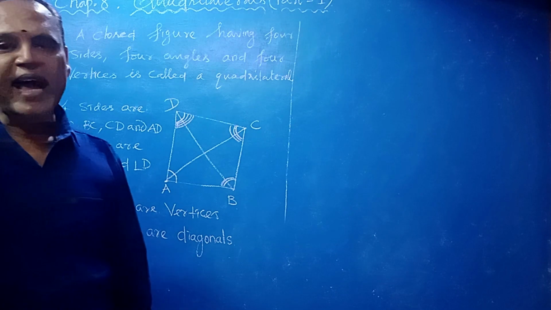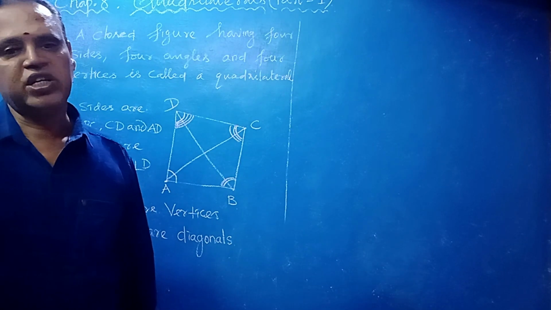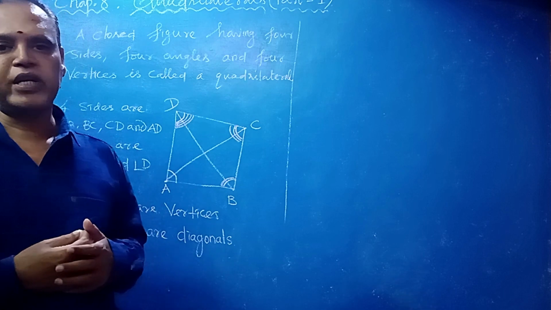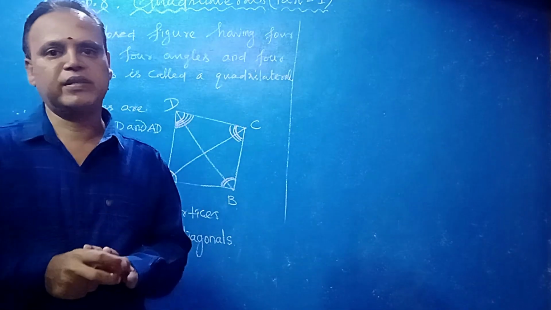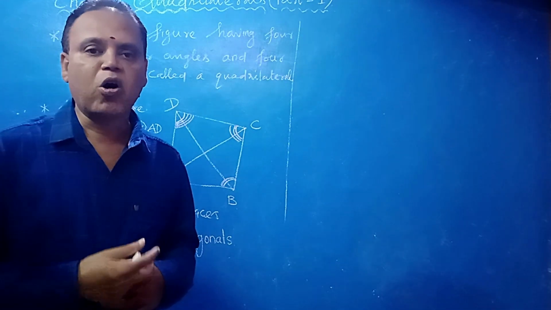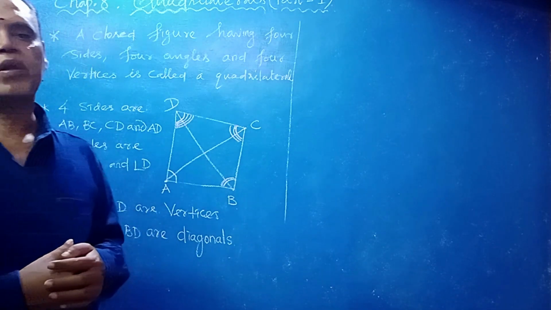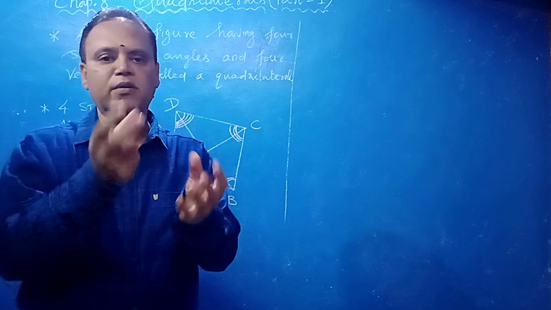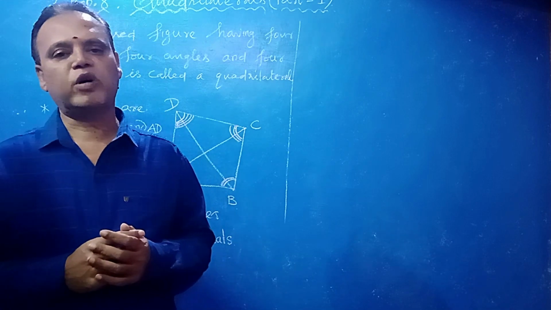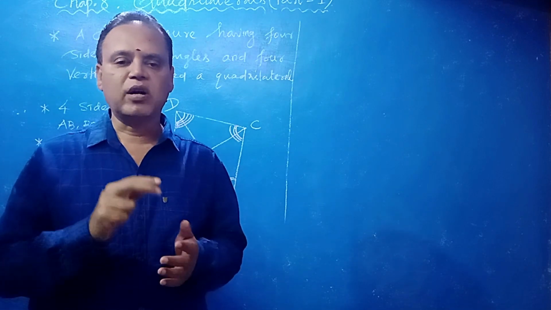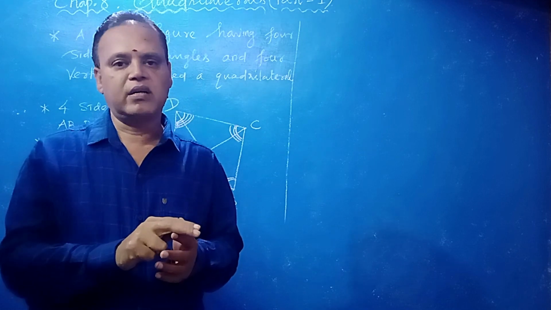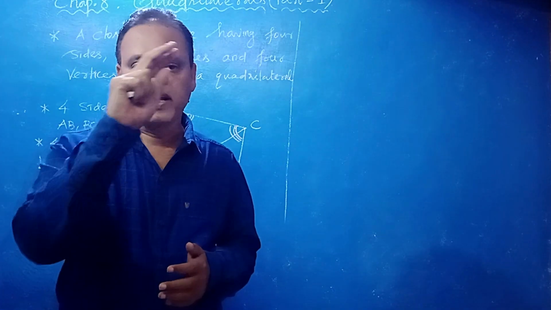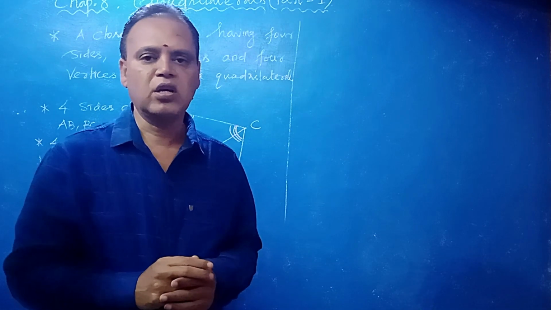The sum of all the angles in a quadrilateral is 360 degrees. This year you are going to prove it. Even by the activity method you can do it using colored paper, cutting and pasting all the angles. The angles pasted together give one complete angle. So the sum of all angles in a quadrilateral is 360 degrees. Always remember this.